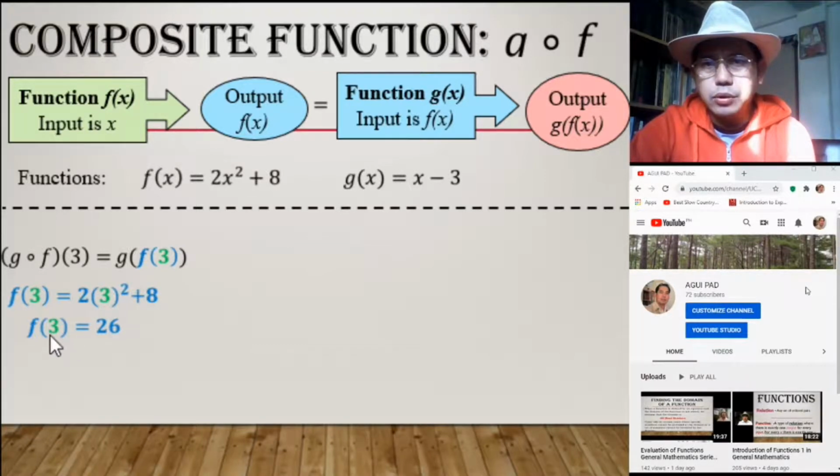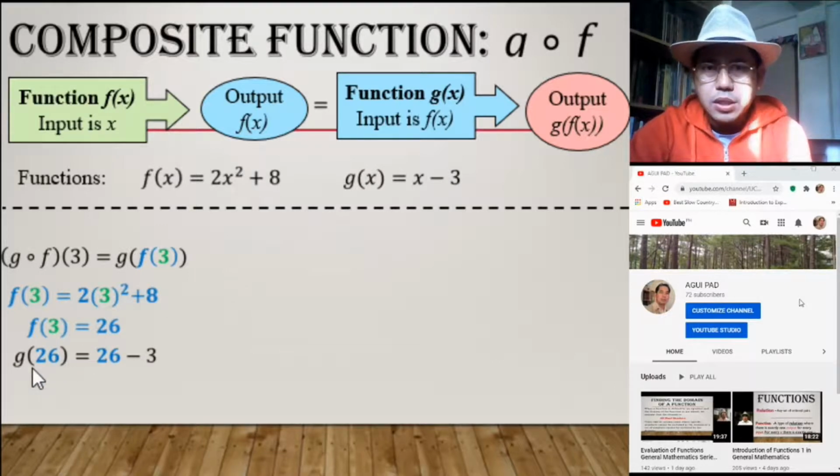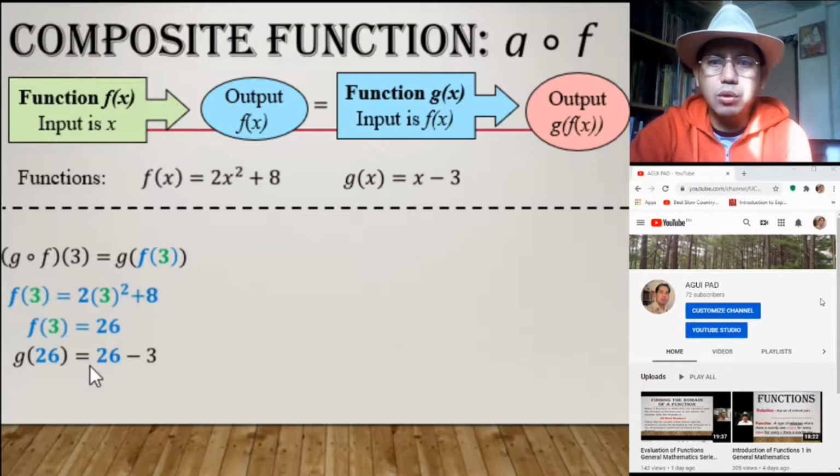Now this 26 is the output of the f of x. Now this 26 will already be used as an input of the next function g of x. So we have in here. So let's continue. Now in your g of x, it will give you now g of 26 is equal to 26 minus 3.